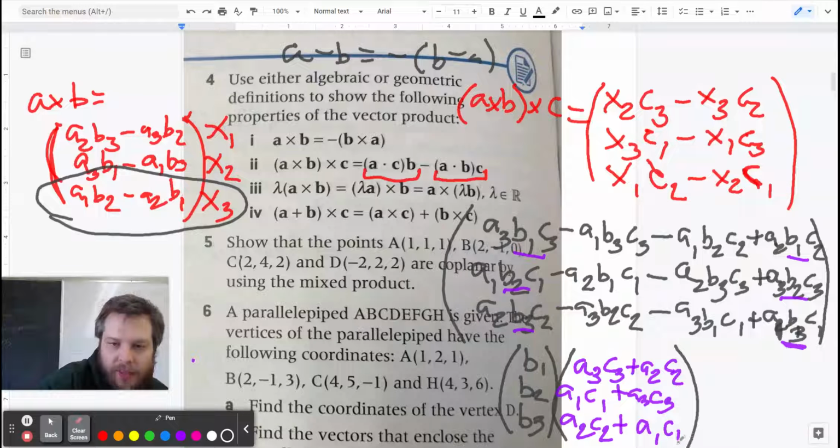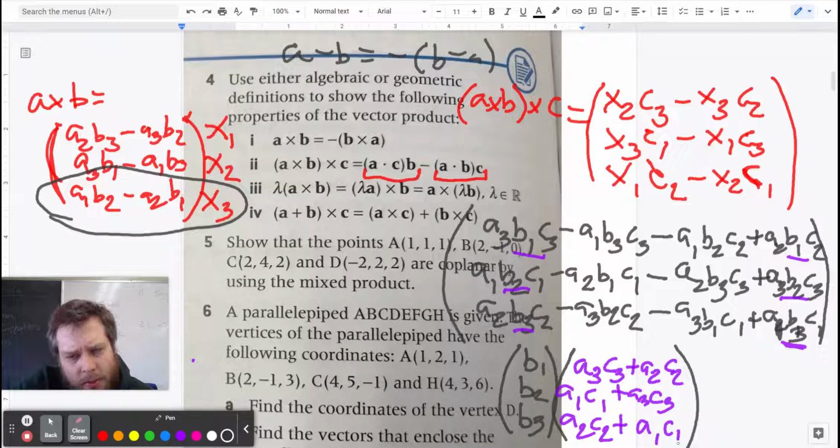Then I do the same thing with the C components. And so I'm looking for the C components and the dot product of A and B. And that's interesting.